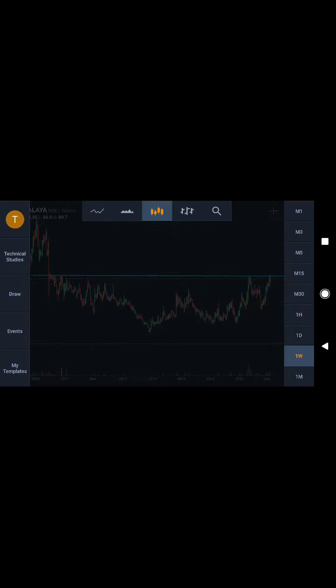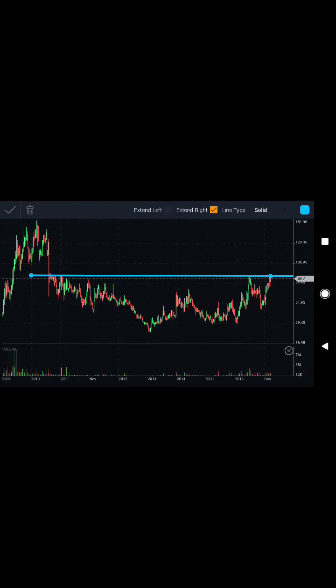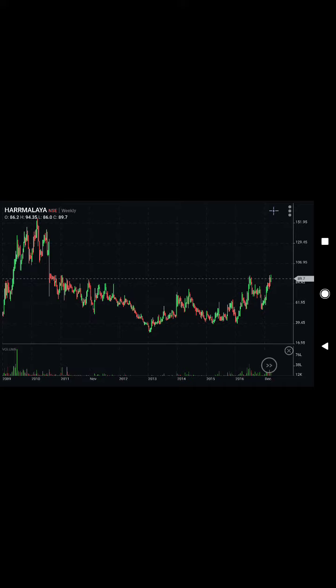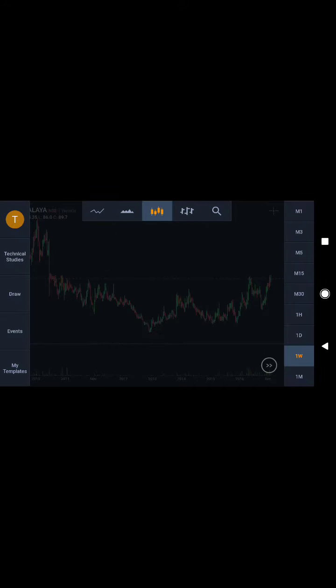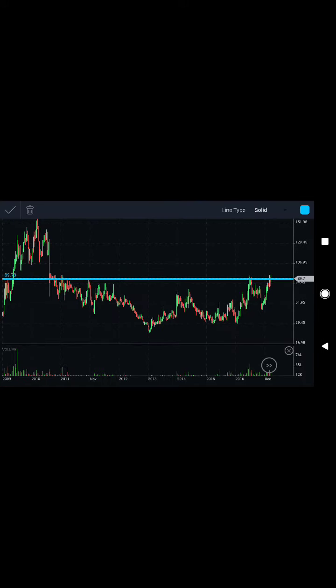On the left side you have the option of drawing a horizontal line. Channel is difficult to draw on this mobile application. The flatter the breakout, the more probability of hitting the targets.